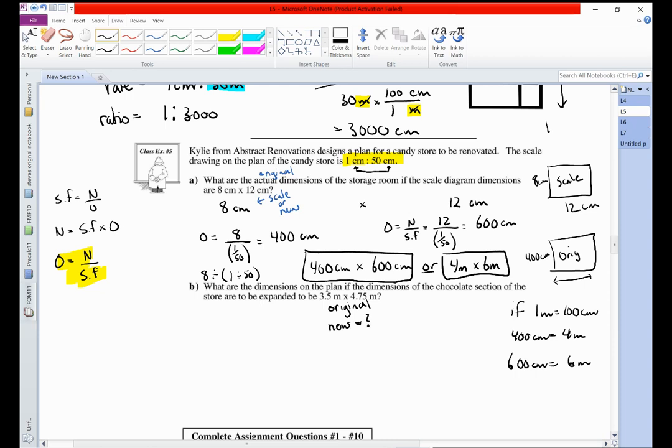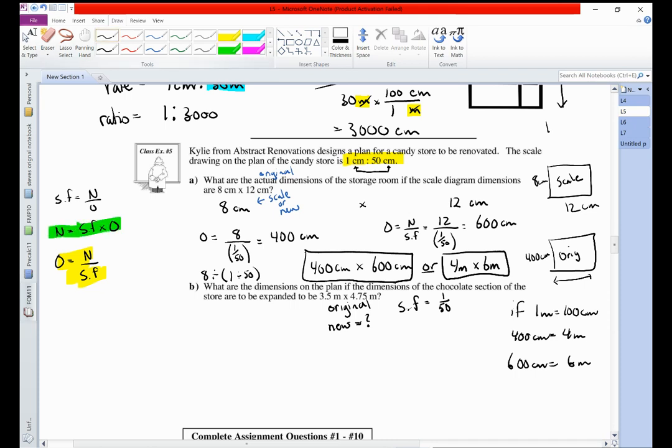So I put a little question mark saying we're looking for the new. We still have the same scale factor of 1 over 50. So if we're looking for new and we have the original and the scale factor, we can use this formula right here.